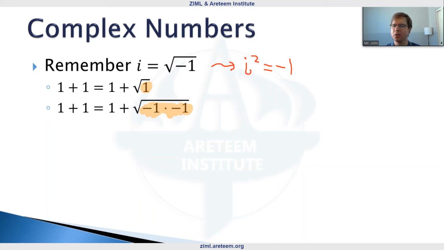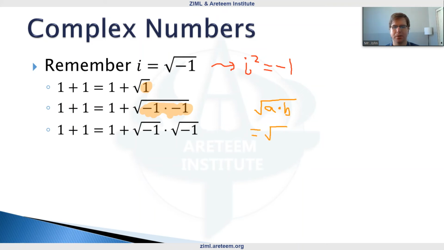And now here's where the important step in our complex number comes in. Remember we have properties of square roots. The square root of a times b, if we have two numbers multiplied here, is the same as the square root of a times the square root of b.